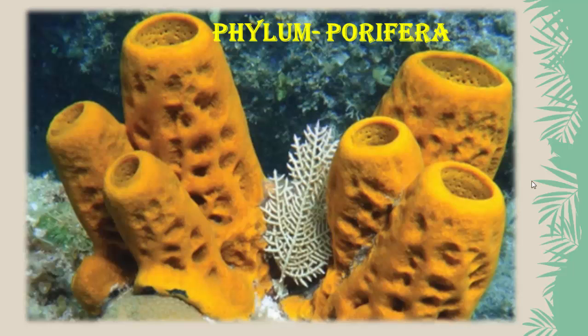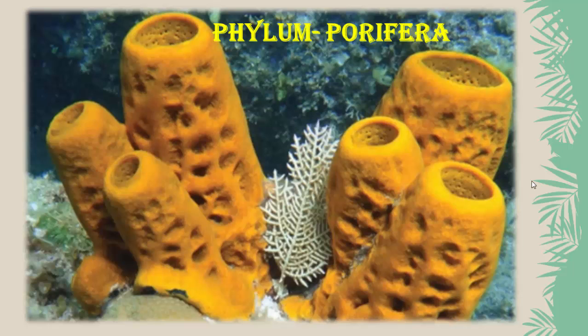Apart from that, you have also studied that poriferans are characterized by the specific process called water canal system. Water canal system represents the movement of water within the sponge body. The water enters the sponge body through the ostia.